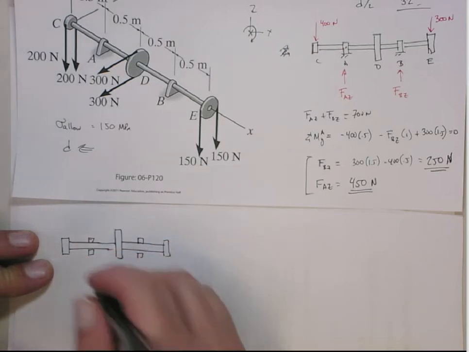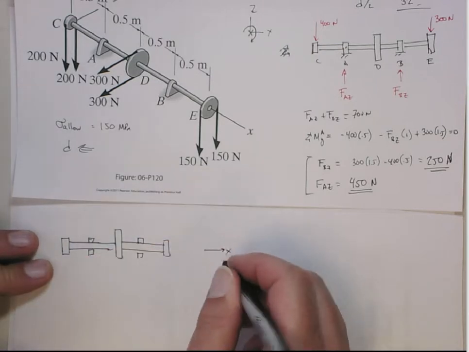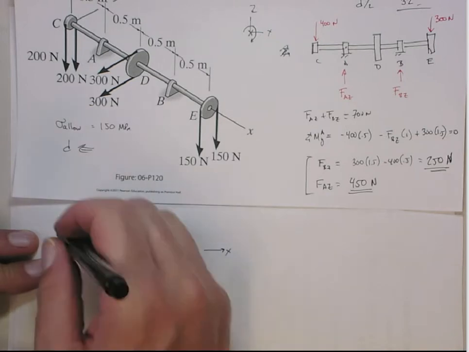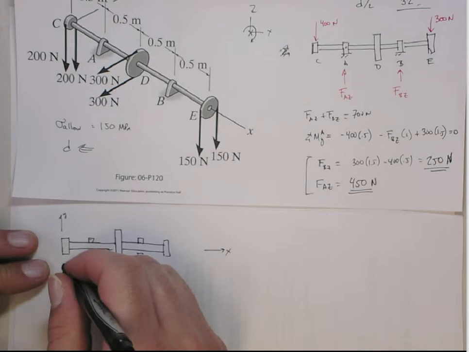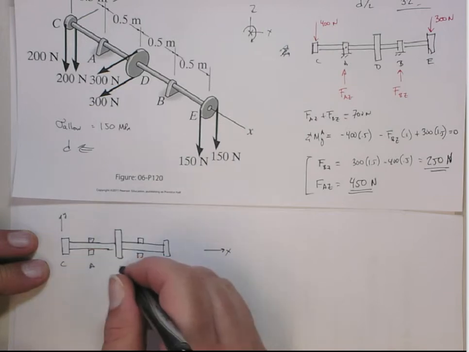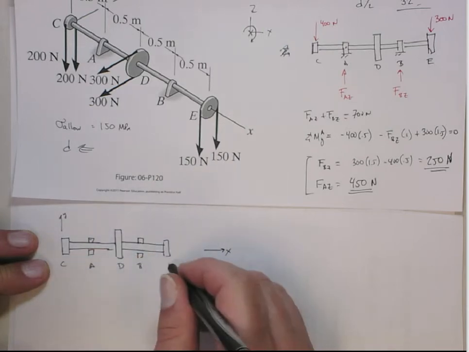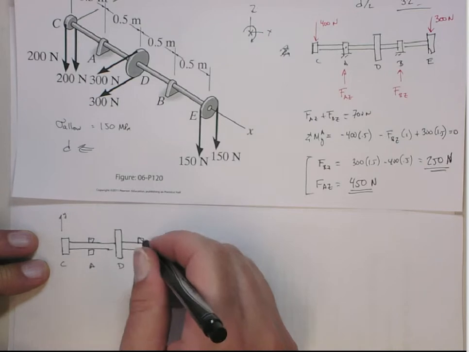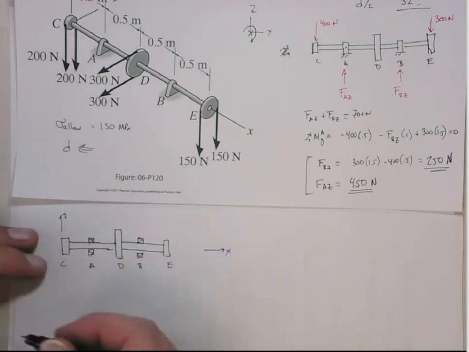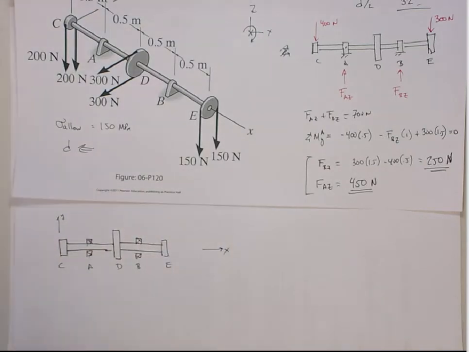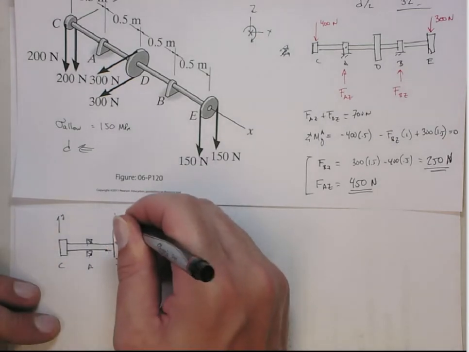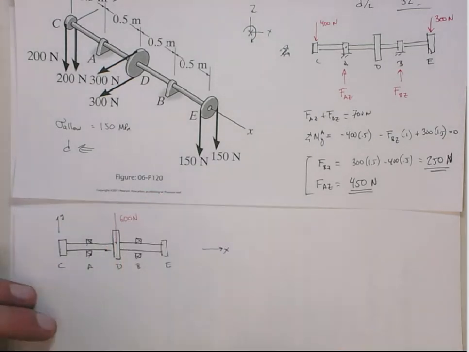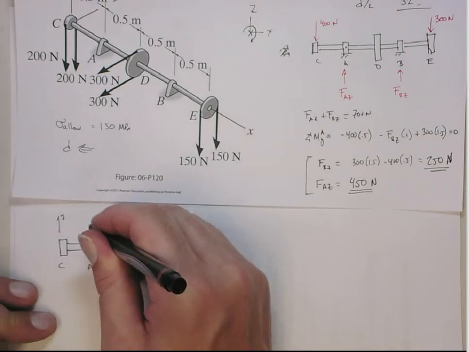Okay, now this is going to be the x-axis, and this is now going to be the y-axis. This is C, A, D, B, and then E. And the only force here is the minus 600 at point D. I mean, the only one that we know. And then we have the external reaction ones here.